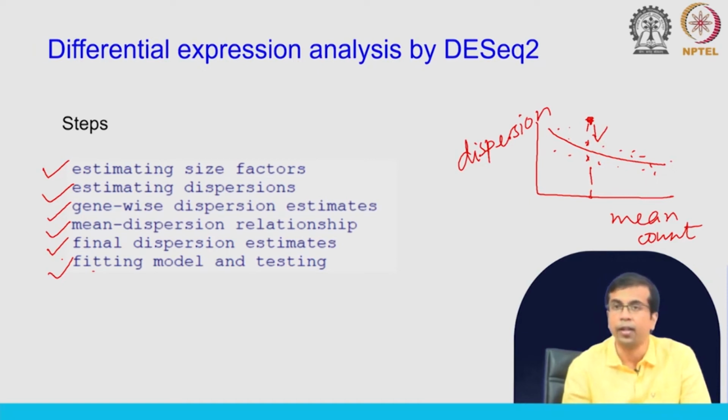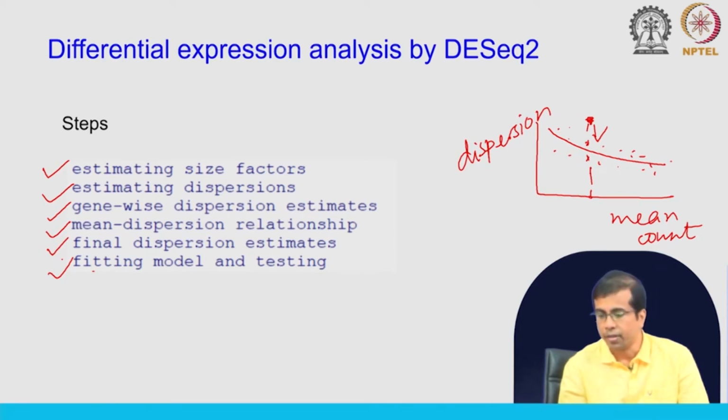This generalized linear model will give the estimates for these coefficients, the beta values, and then you have the hypothesis testing to identify genes that are differentially expressed. It will generate the test statistic, the Wald test statistic, and the p value. And of course, it will also do a p value adjustment for multiple hypothesis testing.